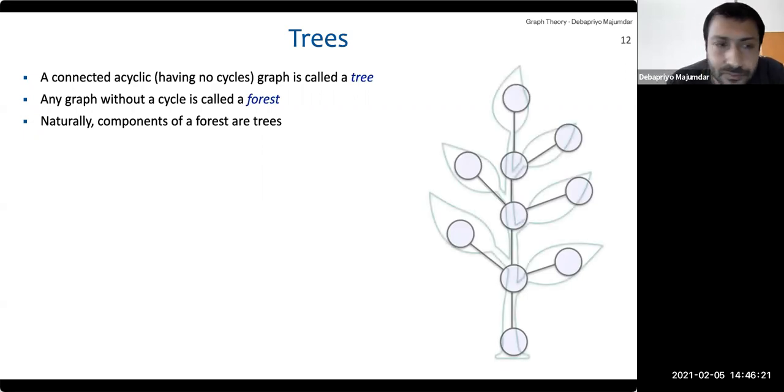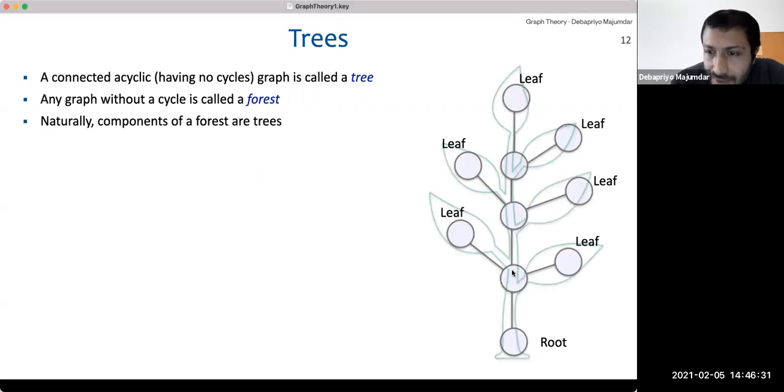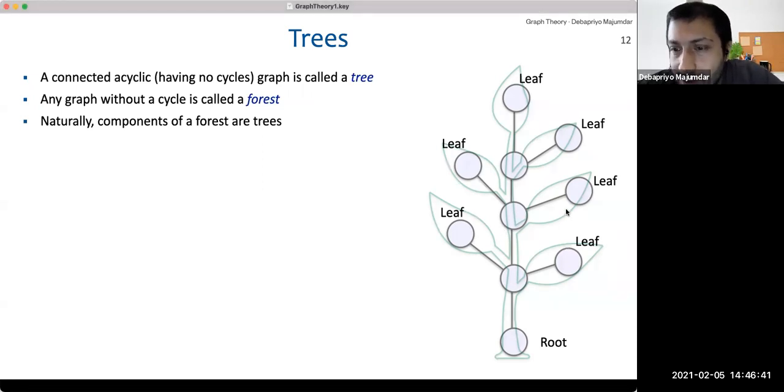This is the root, and these are leaves. And these are neither the root nor the leaves. Now, one point from this picture: is it necessary that this has to be the root?